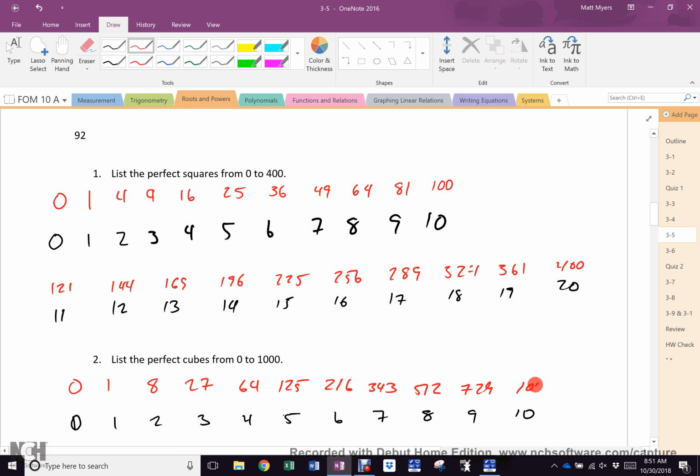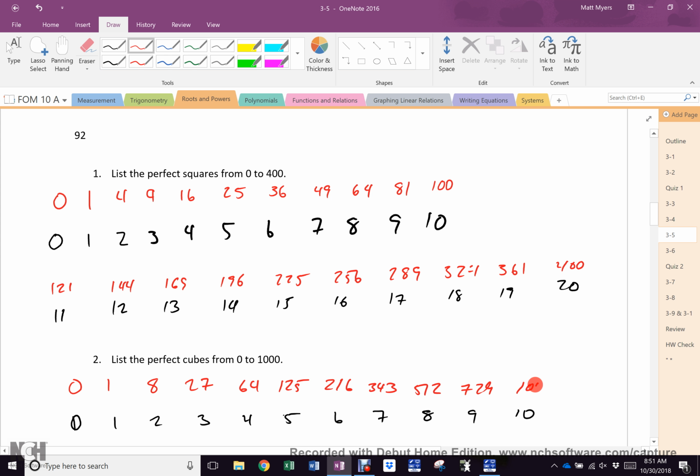I want the square root of 72. Where does that fit in on my red numbers in the top here? It is between 8 and 9, isn't it? Okay, so the square root of 72 is between 64, which is 8, and 81, which is 9, yes?